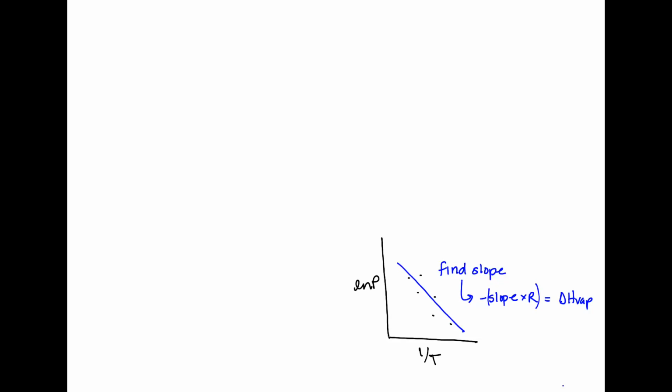So the overall idea of part one is to make a graph, and then to use a best fit line to find the slope, and then to use that slope to calculate the delta H of vaporization. Now that wouldn't be very hard if we could just find the partial pressure of water. So this is just the pressure of water, and it's actually water vapor.